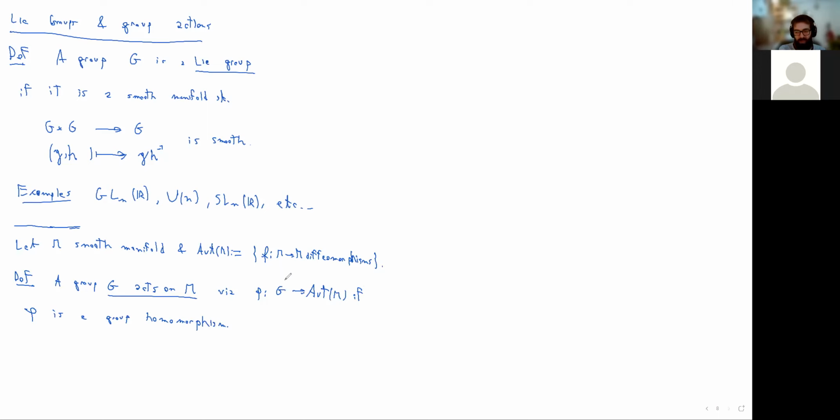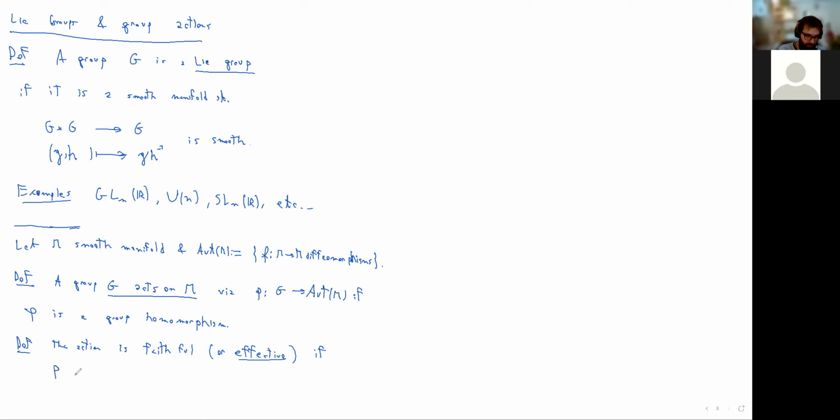So basically what we have is that every element of G defines an automorphism. And the action is faithful, or sometimes effective. So these are two different names for the same thing.